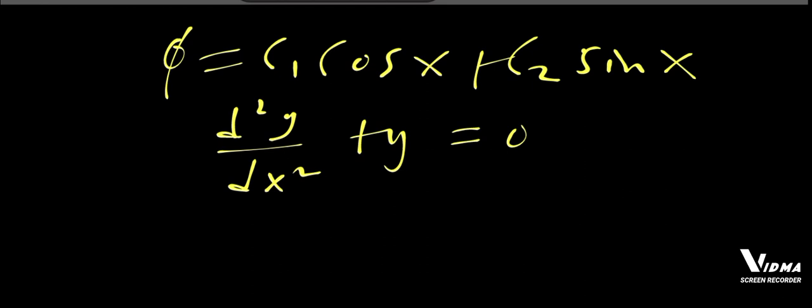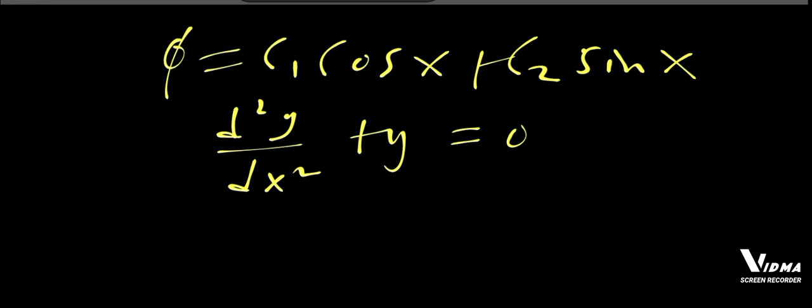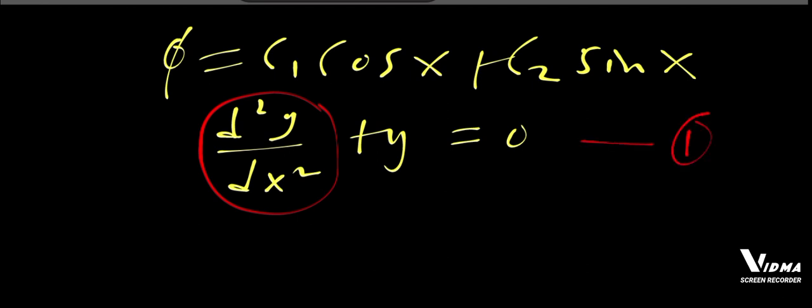Because this is second order, we have to find the first and second derivative and substitute them into this equation to check whether it will be equal to 0. And if it becomes 0, it means this is a solution to this differential equation.